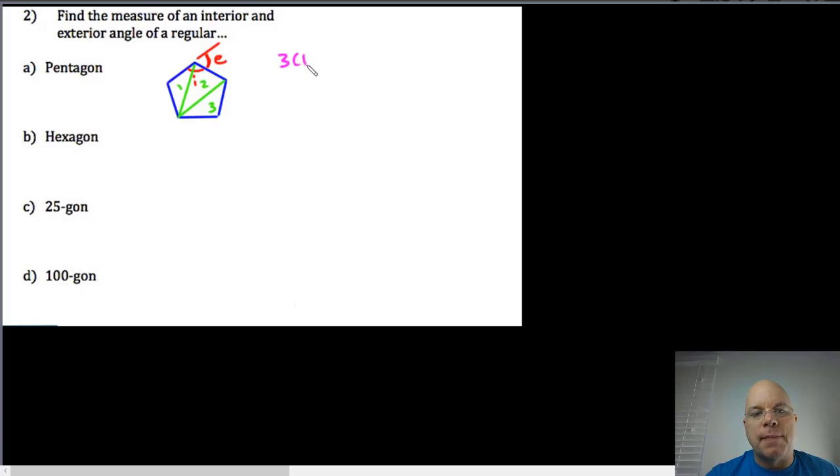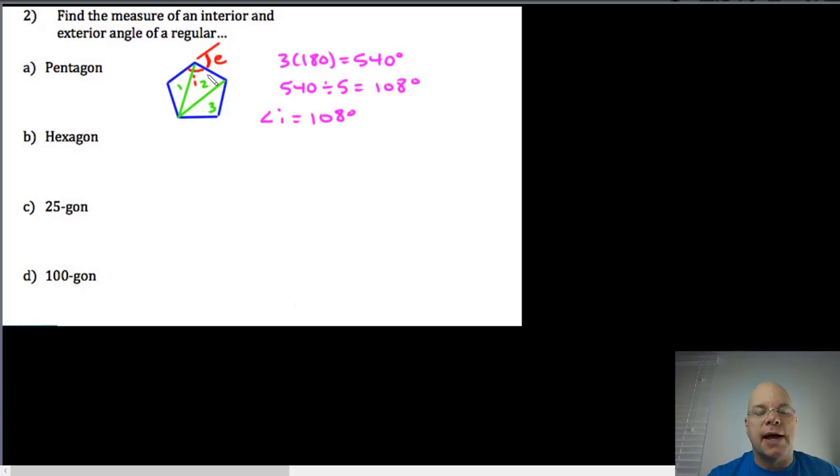So I have 3 multiplied by 180, or a total of 540 degrees in my whole pentagon, all 5 angles altogether. So then I can do 540 divided by 5 to determine that each interior angle is 108 degrees. So the interior angle equals 108.